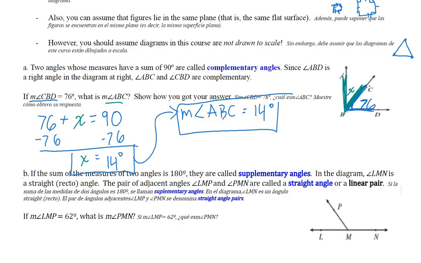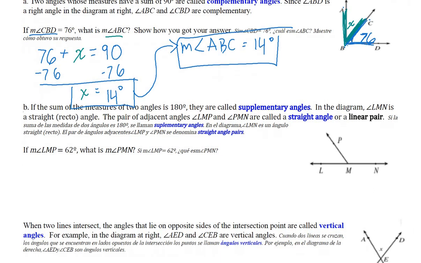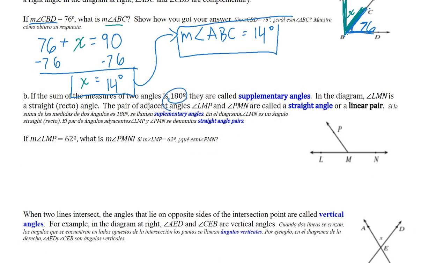Great. Moving on. Part B says, if the sum of two measures is 180 degrees, it's called supplementary. In the diagram below, angle LMN, this is a straight line, LMN, is a straight angle. The pair of adjacent angles, LMP, which I'll do in pink, and PMN, which I'll do in green, are called a straight angle or linear pair.